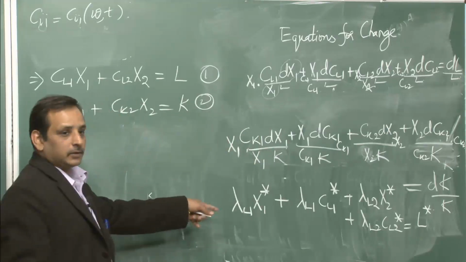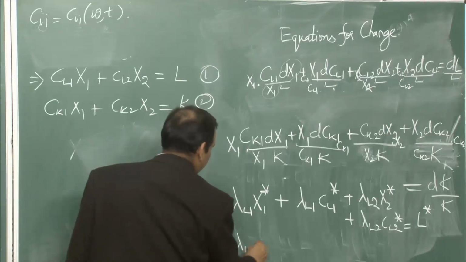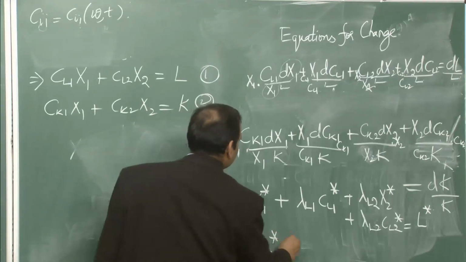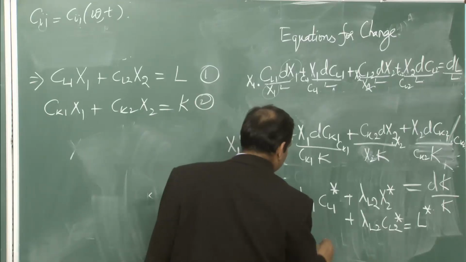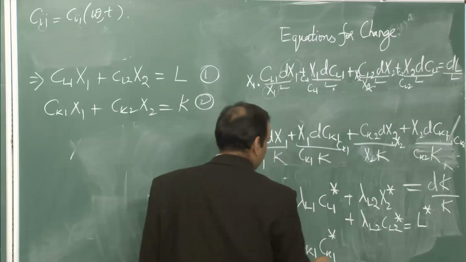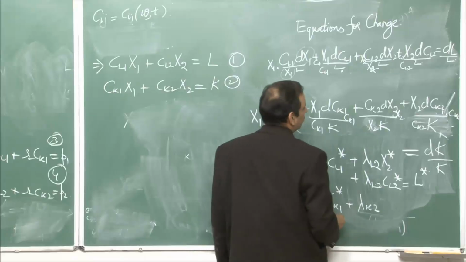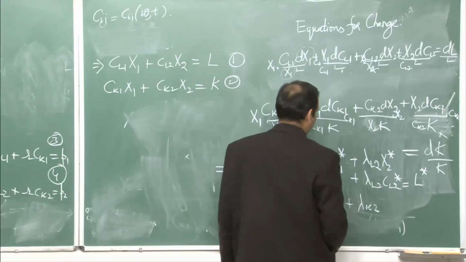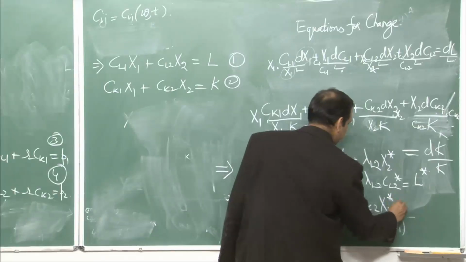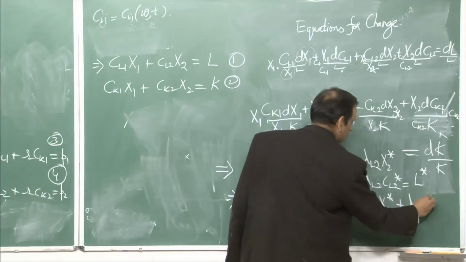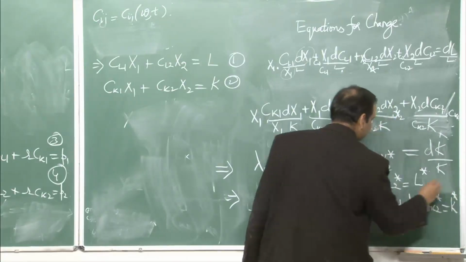So, you have this equation. From here you would get lambda K1 x1 star plus lambda K1 Ck1 star plus lambda K2 x2 star plus lambda K2 Ck2 star is equal to K star.